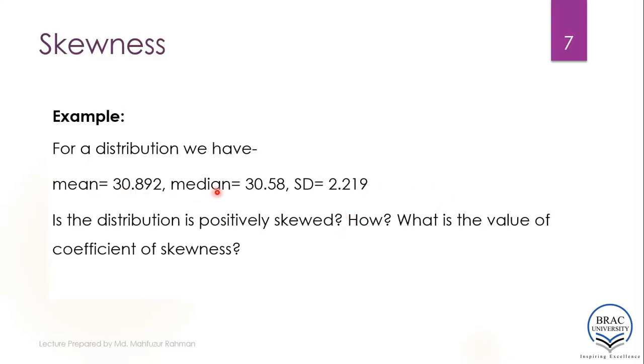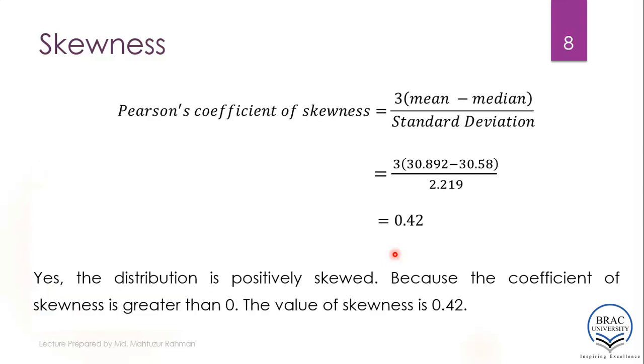So if we have a distribution with mean, median and standard deviation values, can we find out if the distribution is positively skewed? How, and what is the value of the coefficient of skewness? Yes, we can. If we use Pearson's coefficient of skewness, we will get a skewness value which is greater than 0.